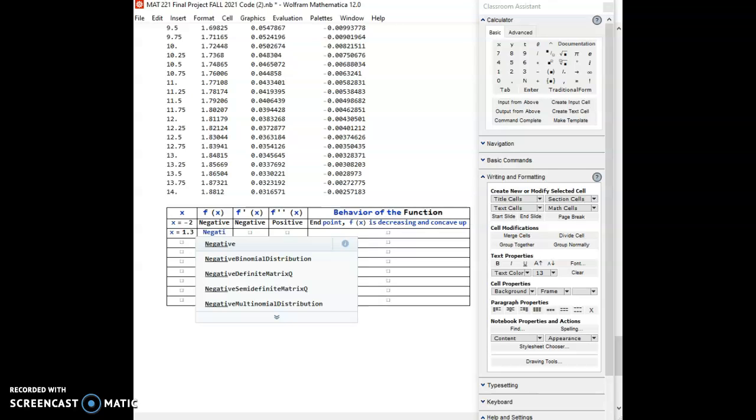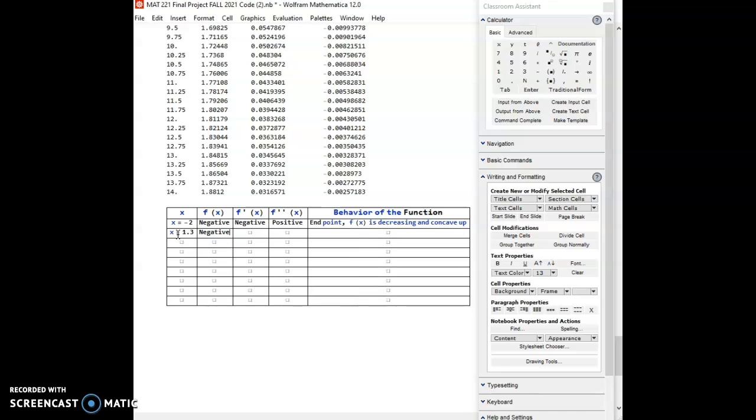And notice I'm just typing into the box, and then I'm tabbing over. The value of the derivative would be 0 there. That's going to be a critical point. And it looks like the value of the second derivative will be positive. I spelled positive wrong.